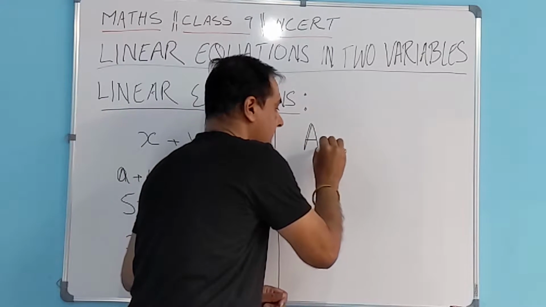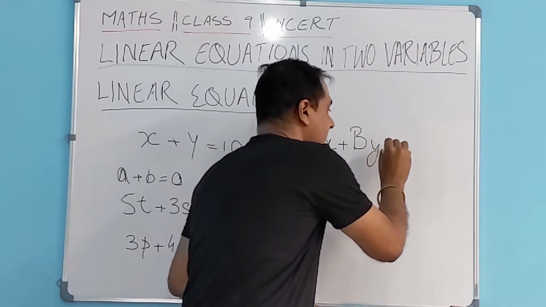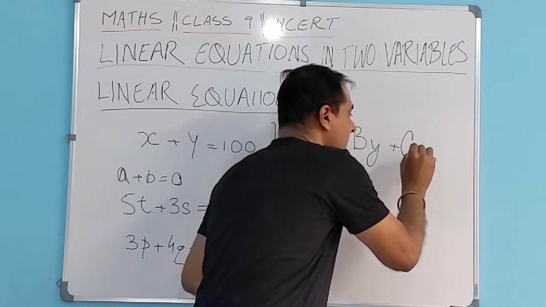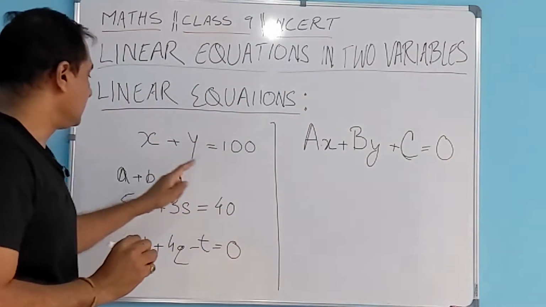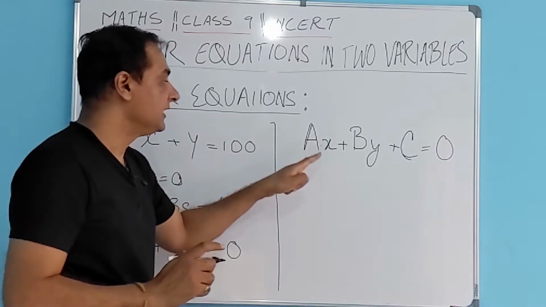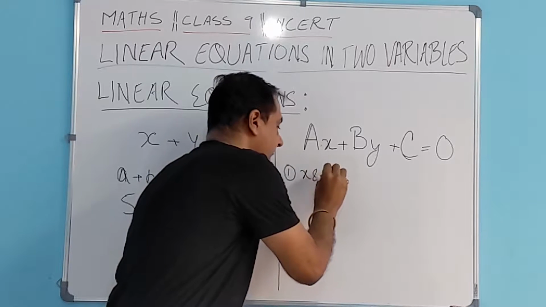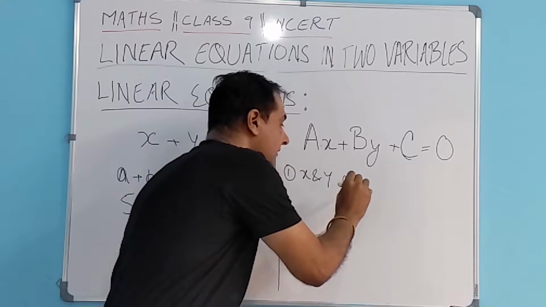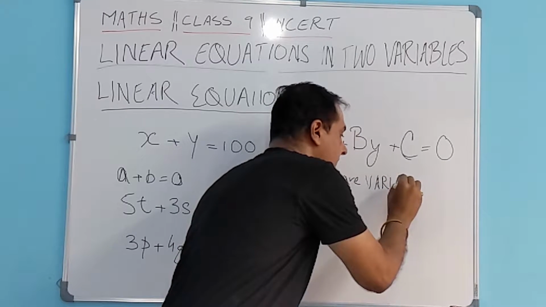ax plus by plus c equals to 0. So if you look carefully, this is the equation, this is the form, where x and y are variables.